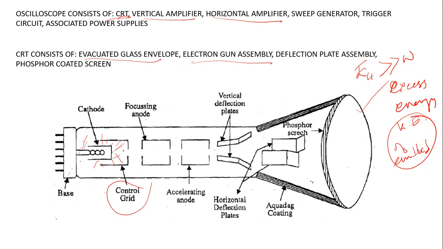So when you release a large amount of free electrons in random directions with high kinetic energies, the negative potential supplied to this cylindrical metal will repel these scattered electrons, and this control grid will release the electrons in this direction via this pinhole in that cylinder.